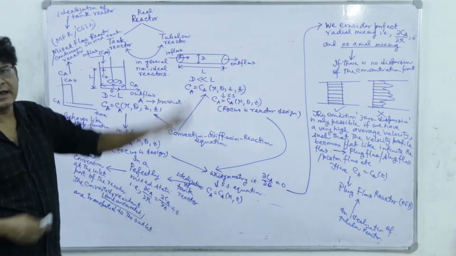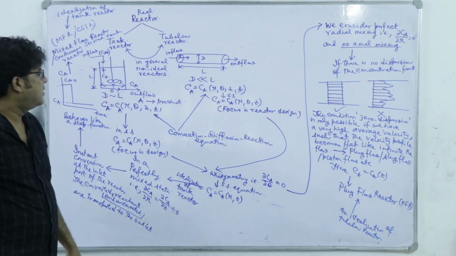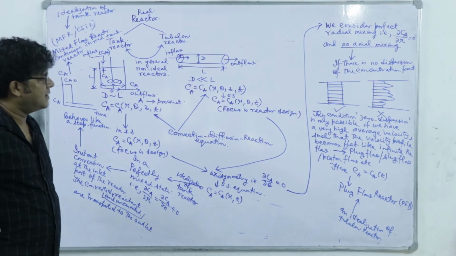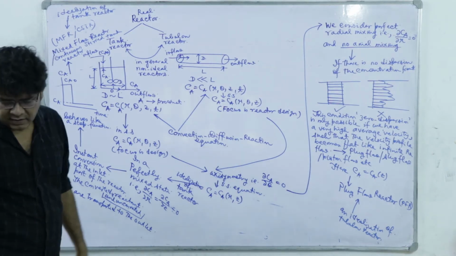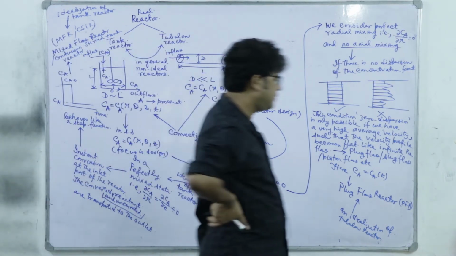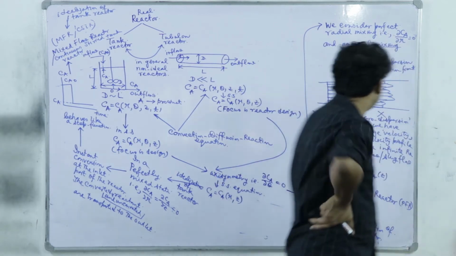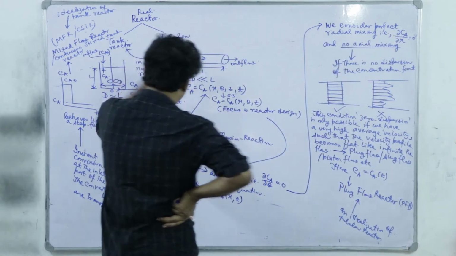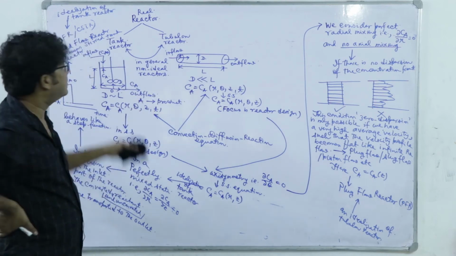So, that is the entire idea of the ideal reactors. One is PFR, another is CSTR. PFR is an idealization of tubular reactor, whereas CSTR is an idealization of tank reactor. And the scheme of idealization we have discussed.